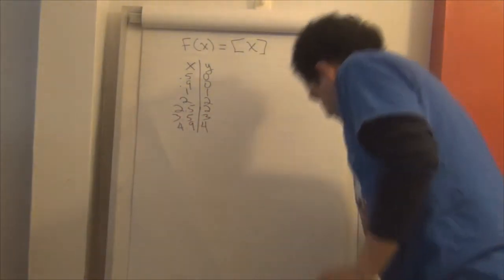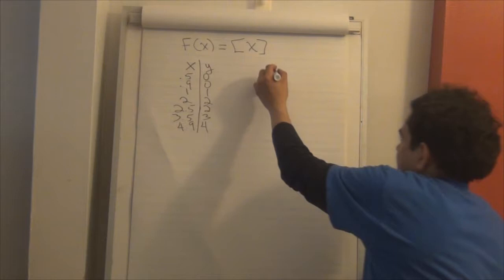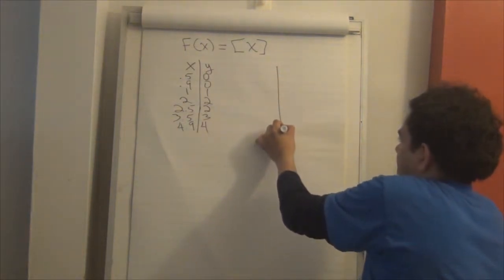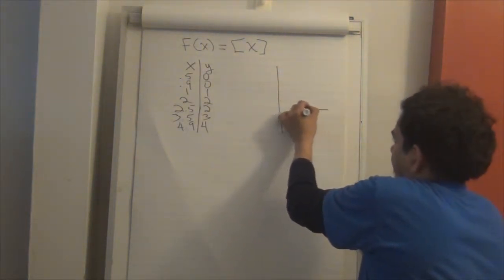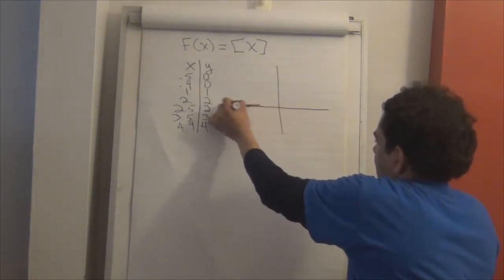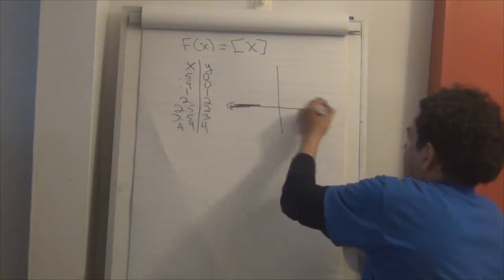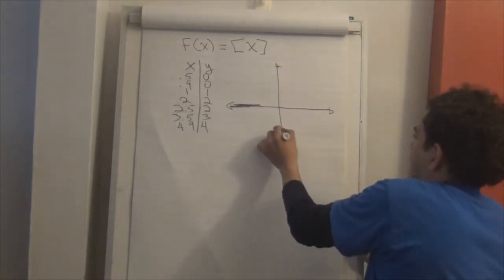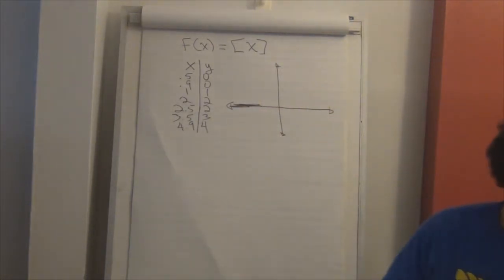Okay, so I hope it makes sense. So now let's have our x and y axis, just for the fun of it. Please help me make them straight. Okay, whatever. Alright, so let's plot the points.